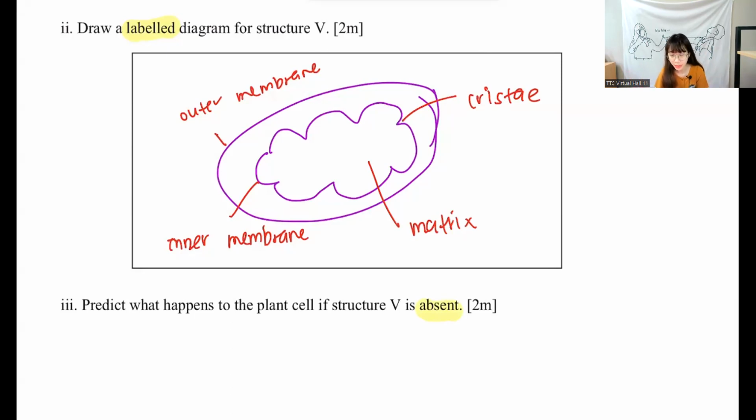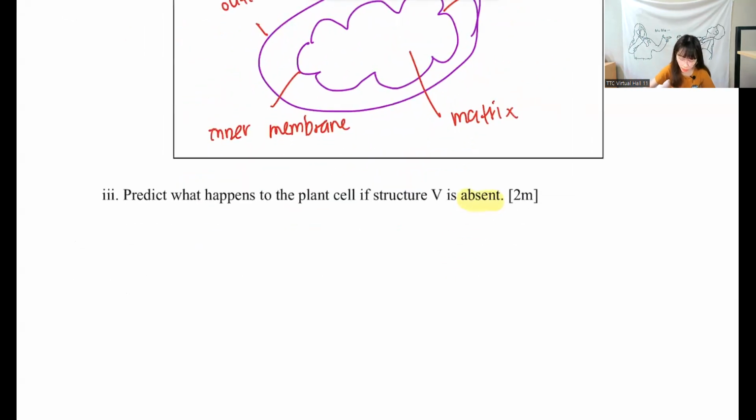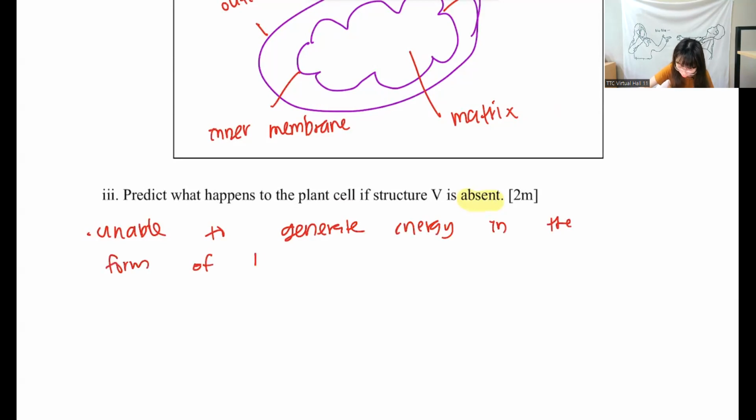You can say metabolic activities. You can also mention that the plant cell cannot grow if it's a young plant cell. But generally, we'll just say, number one, unable to generate energy in the form of ATP.